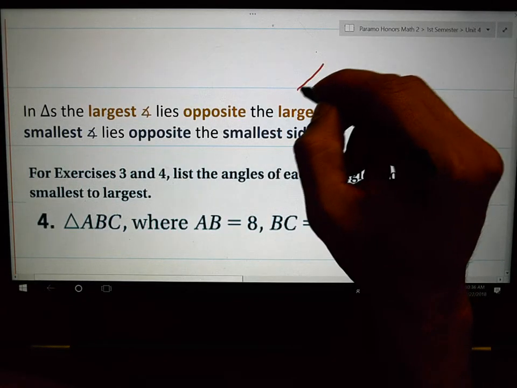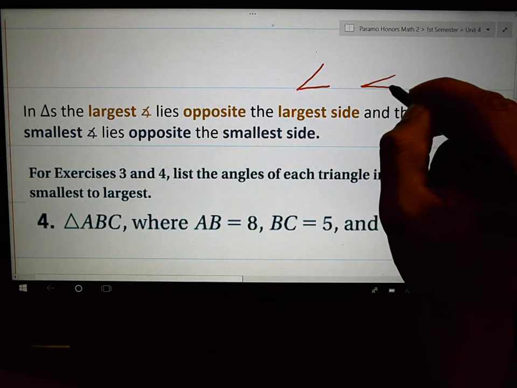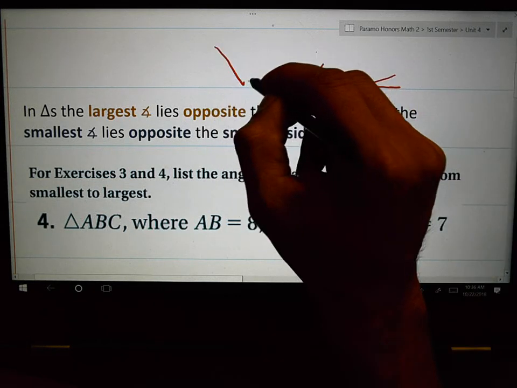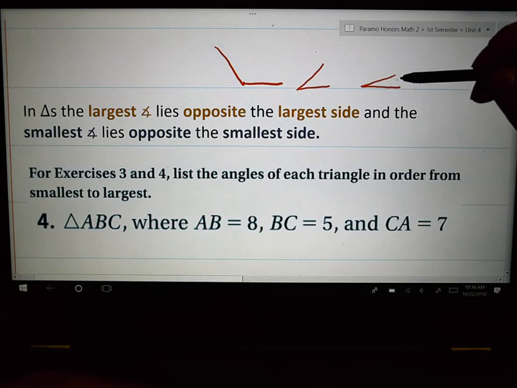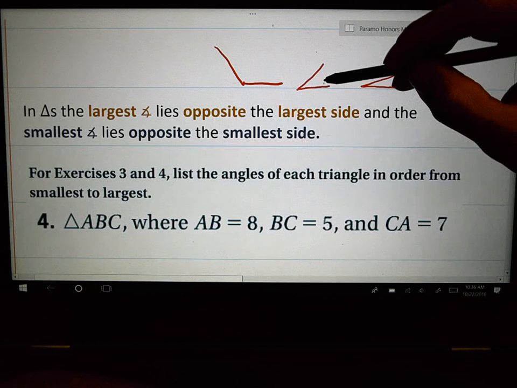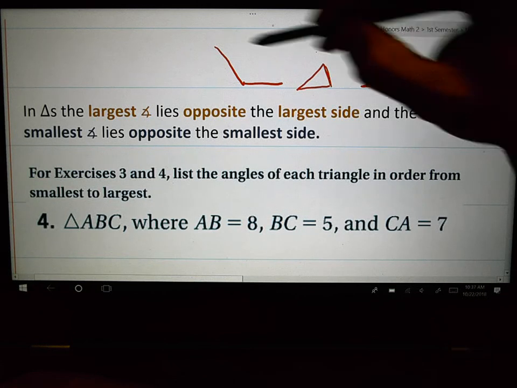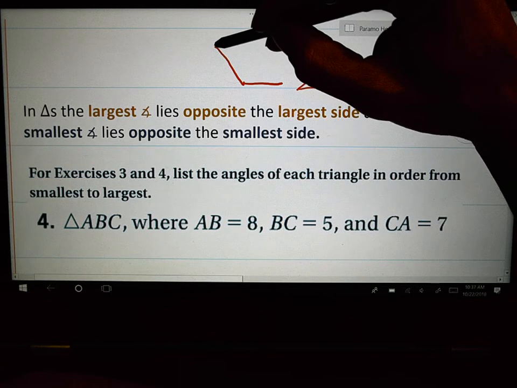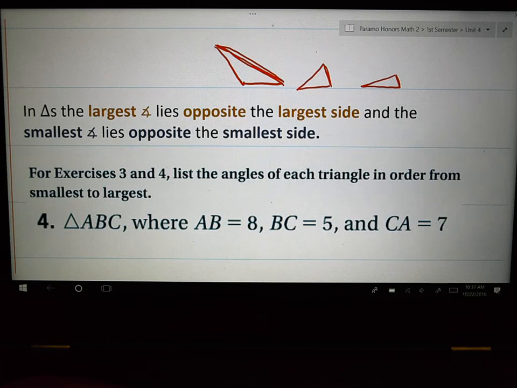If I have an angle that's medium size, an angle that's smaller, and an angle that's really, really big, then when you have a small angle, the side across from it is small. If I have a medium angle, the side across from it is medium. If I have a large angle, then the side across from it is the largest side.